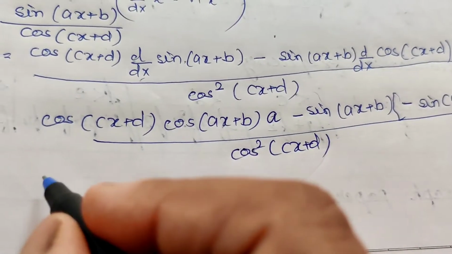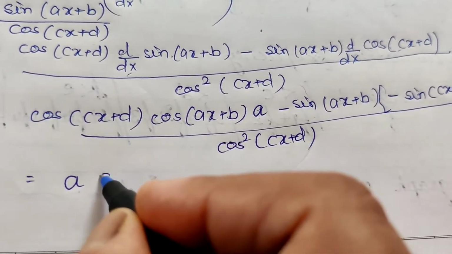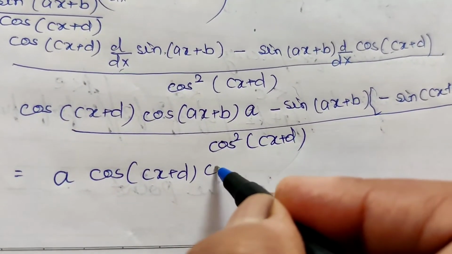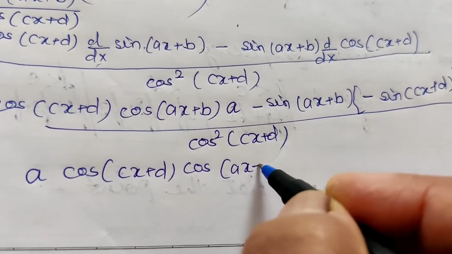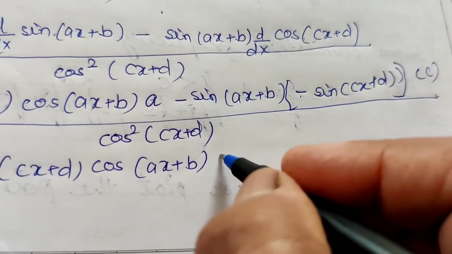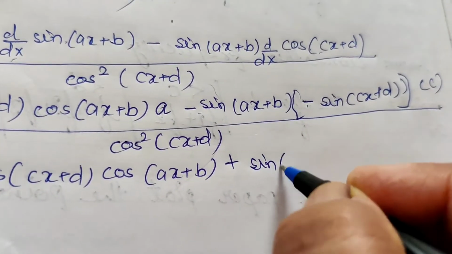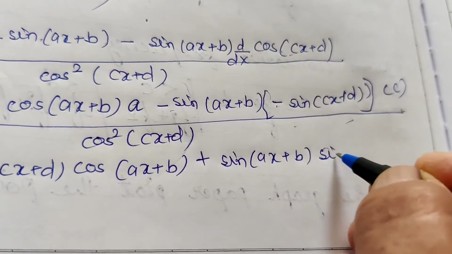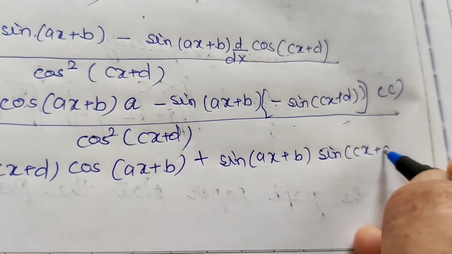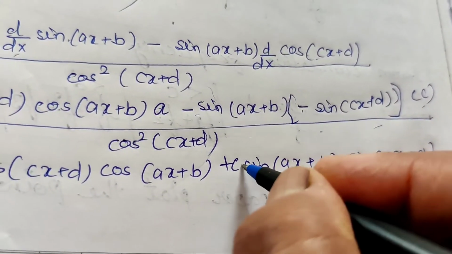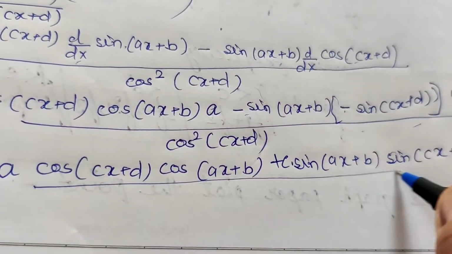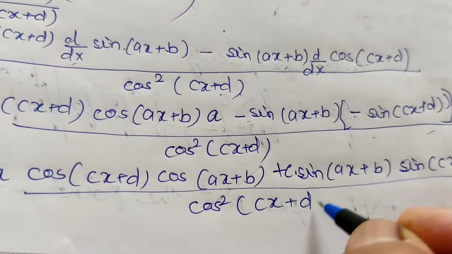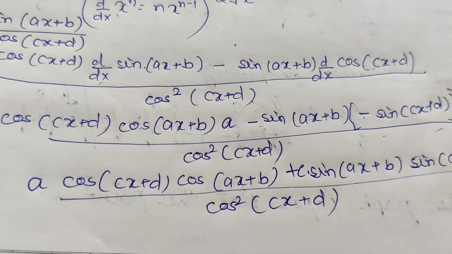Now the answer you can write in the form of a cos(cx plus d) cos(ax plus b) plus c sin(ax plus b) sin(cx plus d), divided by cos square(cx plus d). Simple by the rule of division.